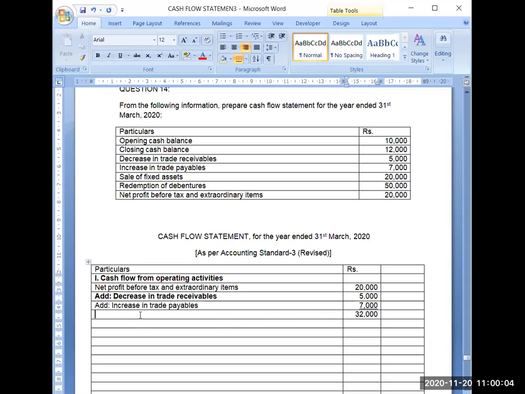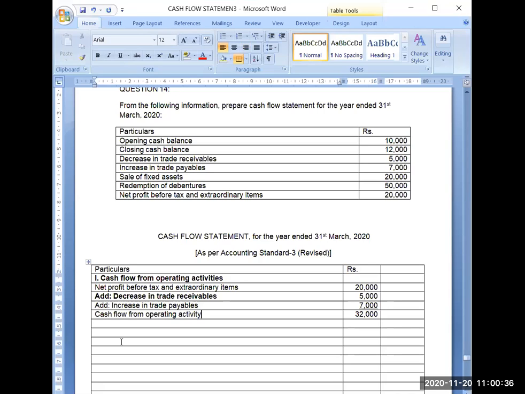So this is our cash flow from operating activity. Now we need the fourth step.